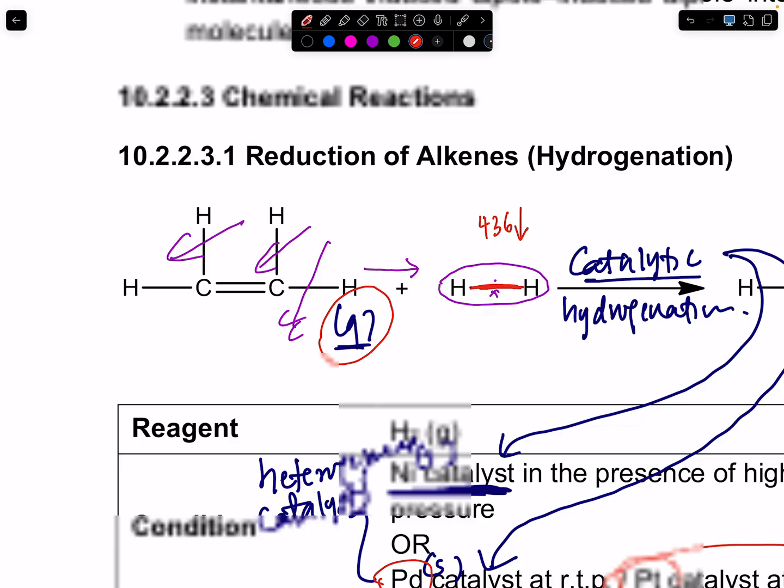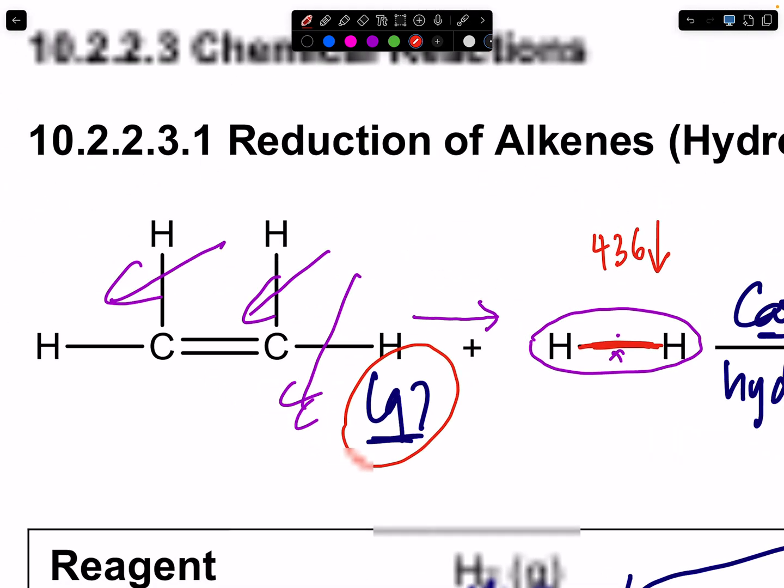Clear? And what do heterogeneous catalysts do, guys? It is like a platform for the reactant particles to land on. As the reactant particles land on the surface of the catalyst, it forms weak bonds, correct or not? And what happens is, the bond length starts to lengthen. Agree?